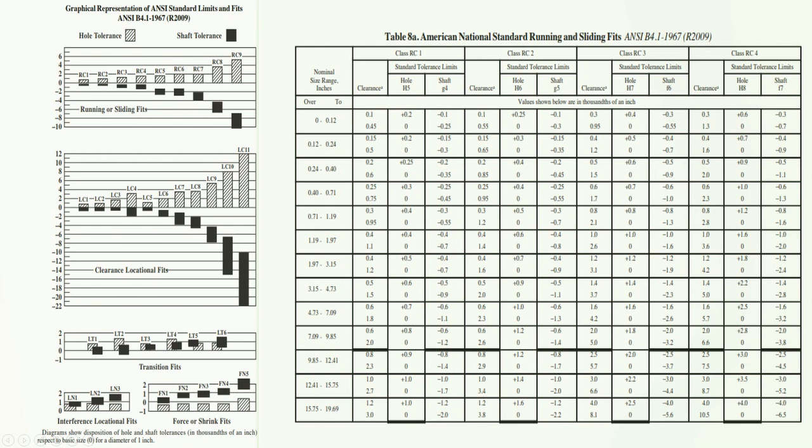Here we have some graphical representations of the hole and shaft tolerance with the ANSI B4.1 standard. Different countries follow different standards of fits and limits, but the concept of designing the fits and limits values is the same. There is a center line, which is the basic zero line, and on the upper side we can see the grades. It is for RC, which is running and sliding fits, and the tolerance grades you can see here are 1, 2, 3, 4, 5.